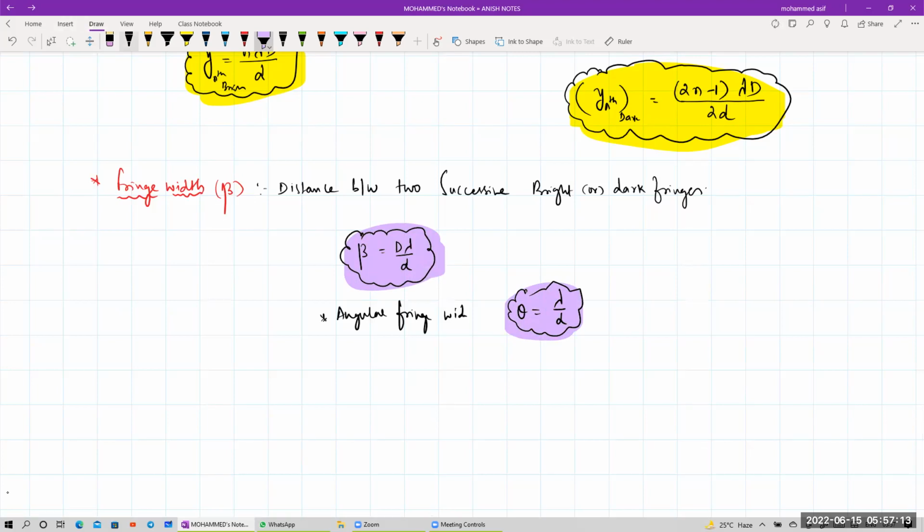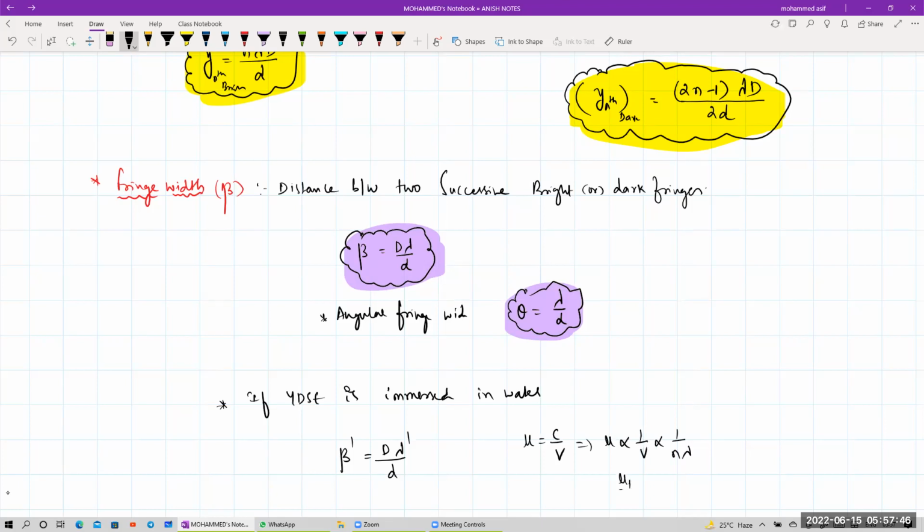अगर YDSE is immersed in water बेटा, तो क्या हो जाएगा? Fringe width की वैल्यू क्या हो जाएगी? बीटा डैश विल बी इक्वल टू, कैपिटल डी चेंज नहीं होगा, वेवलेंथ चेंज हो जाएगा, स्मॉल डी चेंज नहीं होगा। लैम्बडा डैश कैसा हो जाएगा बेटा? म्यू इज इक्वल्स टू सी बाय वी होता है रिफ्रैक्टिव इंडेक्स, that is inversely proportional to n into lambda.